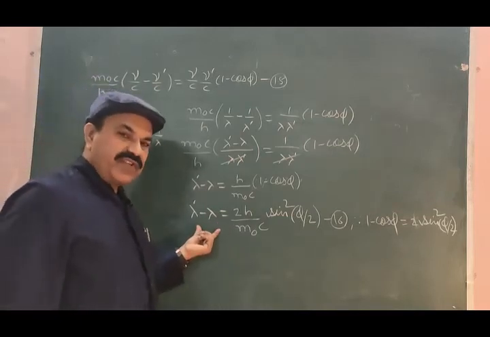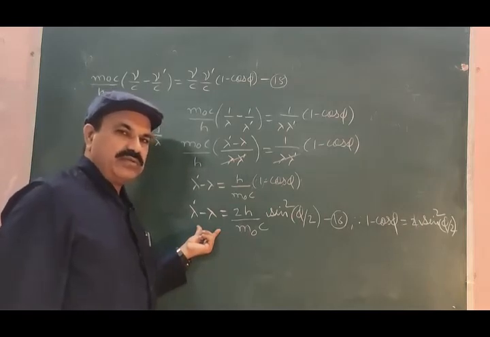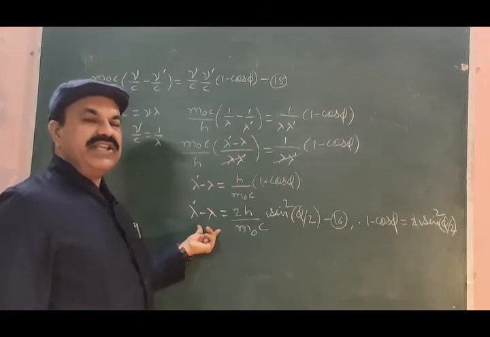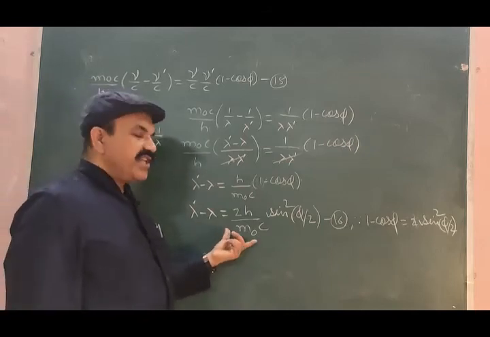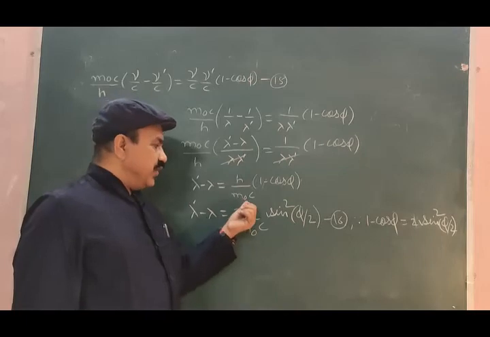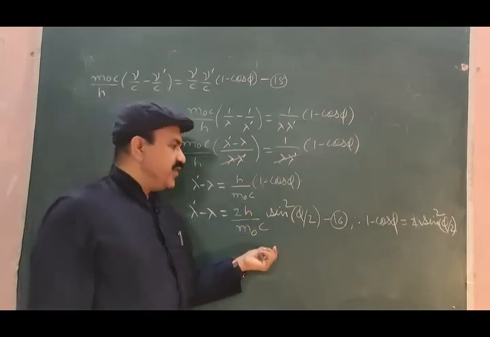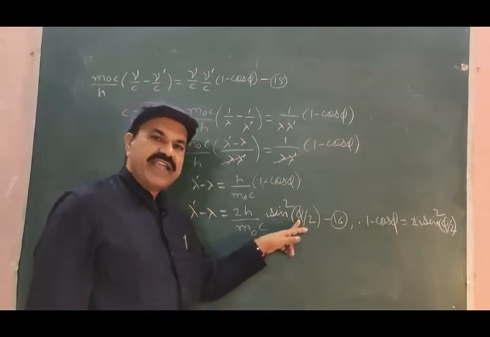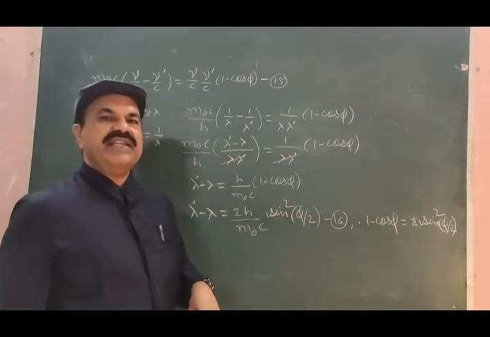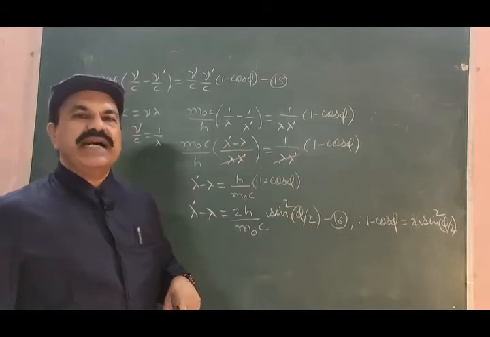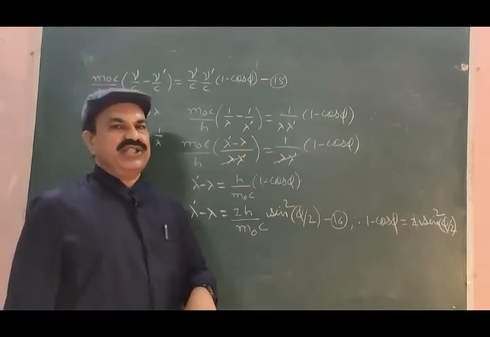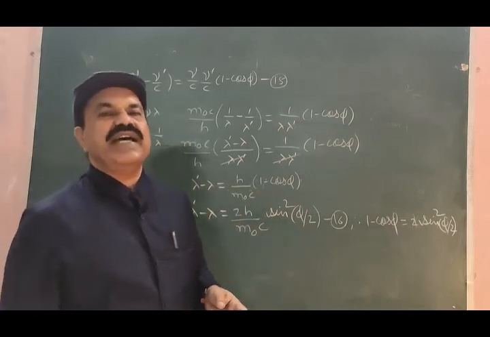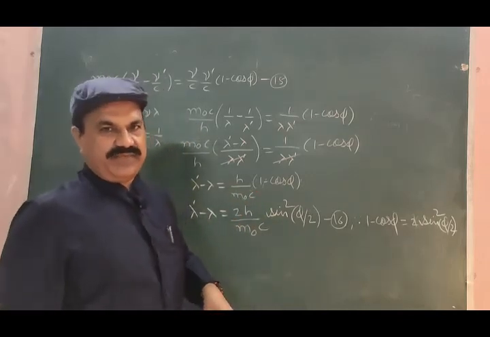This wavelength difference of the scattered and the incident photon is given in terms of 2h divided by m0c into sine square phi by 2, where phi is the angle between the incident photon and the scattered photon. Popularly, this effect is known as Compton effect.